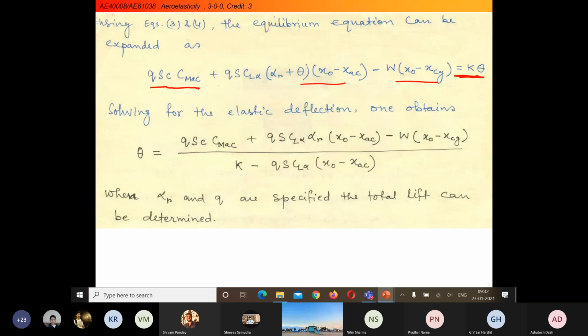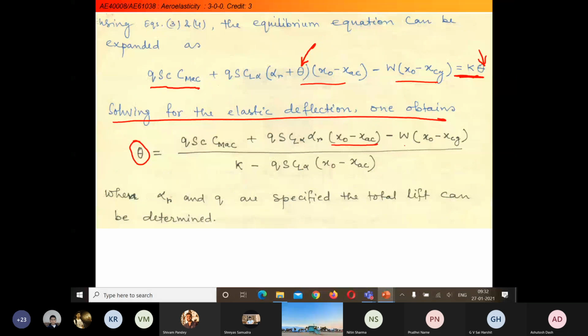The theta terms are here: we have one theta term here and a theta term here. So we have QS into C into C max plus Q into S CL alpha multiplied by alpha r multiplied by x naught minus XAC, then minus W multiplied by x naught minus XCG, then the whole thing divided by K minus QSCL alpha x naught minus XAC.